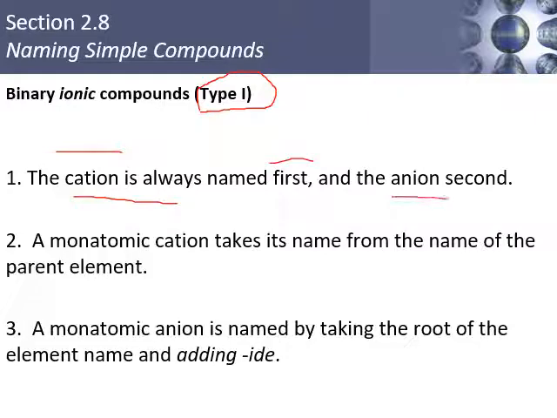So for sodium and chlorine, it would be sodium chlorine, except you just make a slight change and you call it sodium chloride. Potassium bromide, silver chloride, silver iodide. Okay, so you just change the ending to -ide. So that's called type 1, and that's all you have to do. These are the easiest ones. Okay, let's go to the next slide.